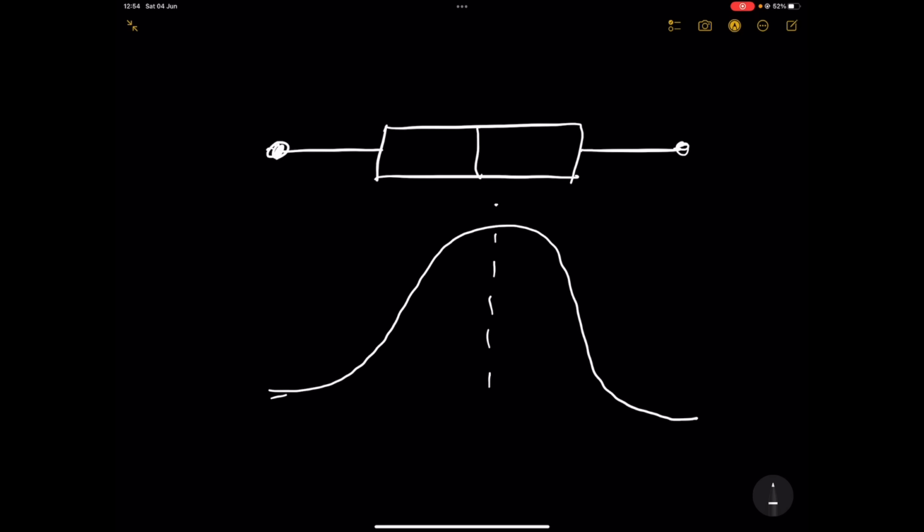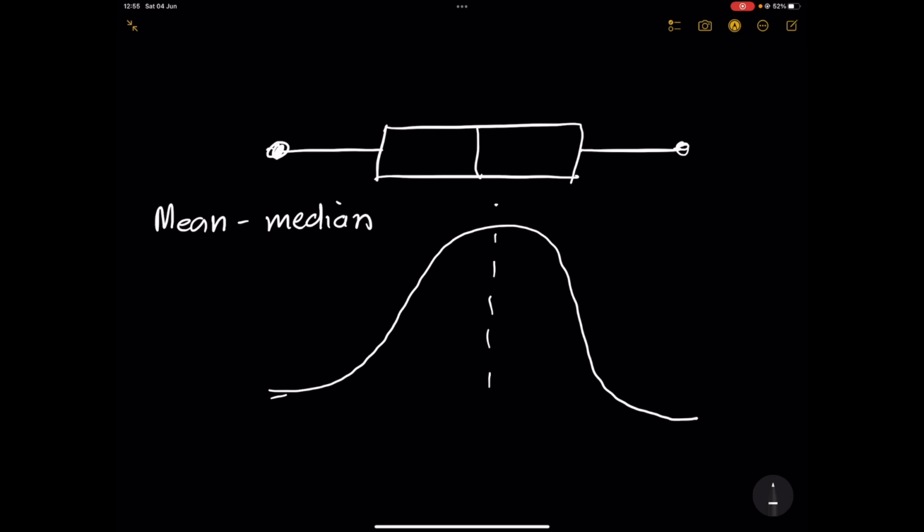Now, ladies and gents, please note this. In order for us to measure symmetry, we take the mean and subtract the median from it. Remember, when we calculate the mean, we sum all the data.